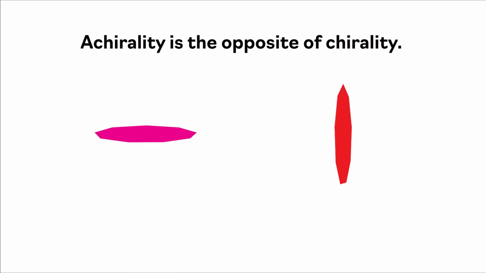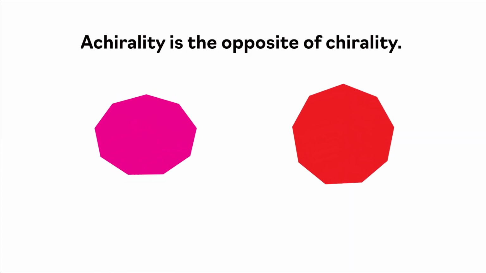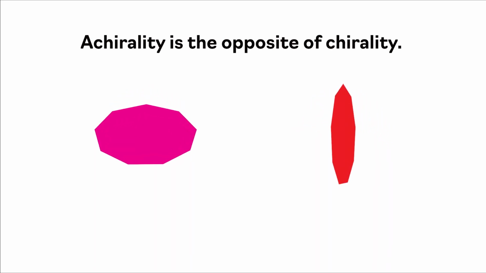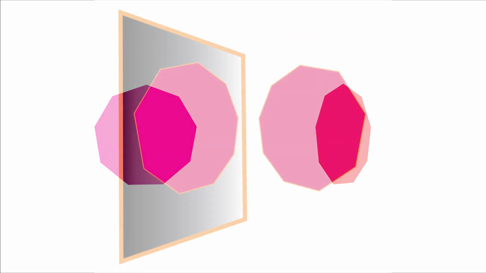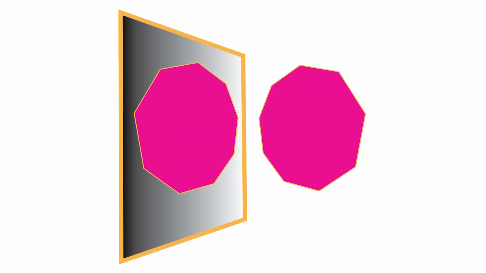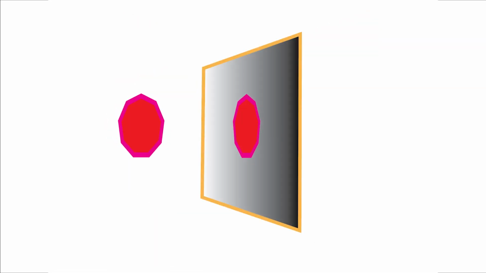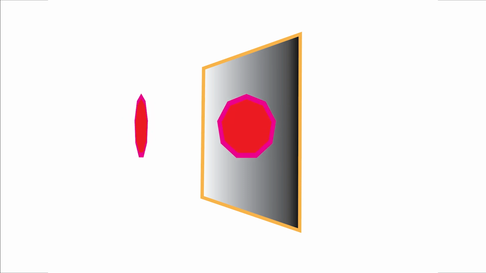Flip them over, they look the same. Can we give that property a name? This trait is, in reality, known as achirality. Achirality is when, in your mirror, you see a twin, and when shapes look the same, front or back.